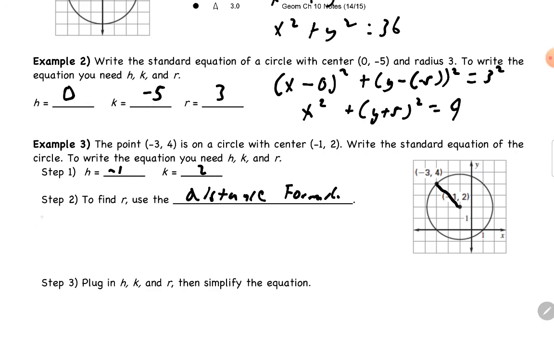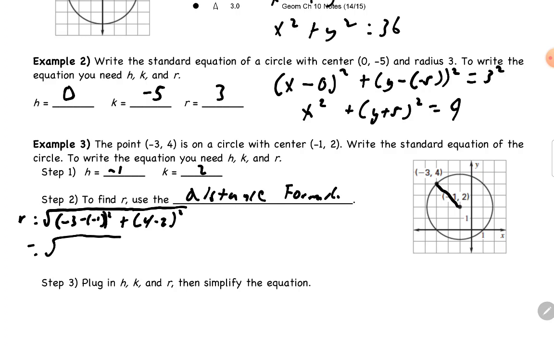All right, so to find r, this is the square root of the difference in our x values, -3 minus -1 squared, plus the difference in our y values, 4 minus 2 squared.